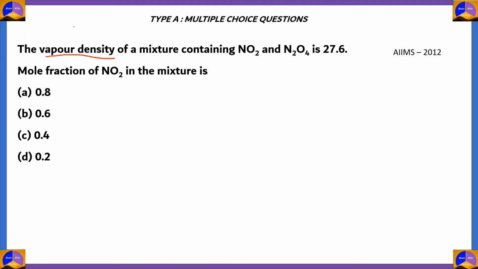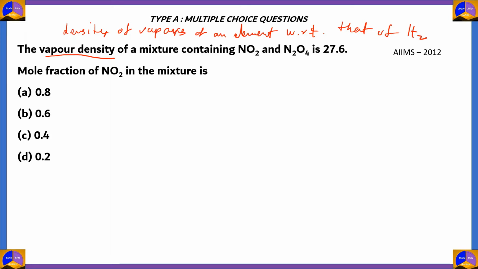So the vapor density is defined as the density of vapors of an element with respect to that of hydrogen. So vapor density is the density of vapors of an element with respect to that of hydrogen.